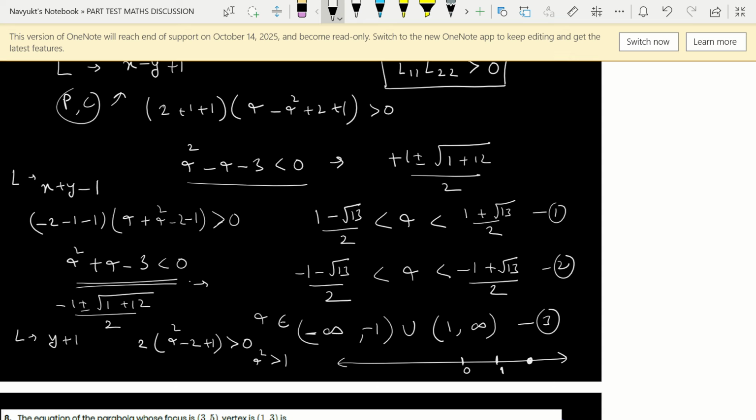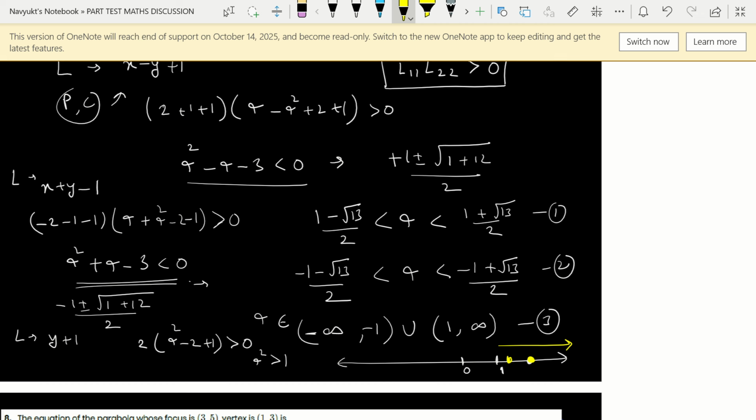Then what is our next value? We have root 13 minus 1 by 2 also, which is, let's say, 3.5 minus 1, so 2.5 by 2, which is again bigger than this, correct? So what zones are we having? Starting from 1 to this, we have this zone, correct?